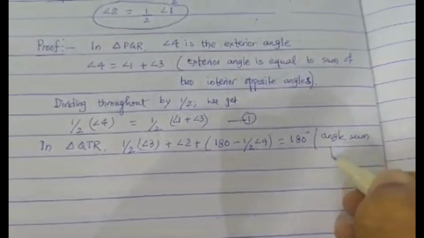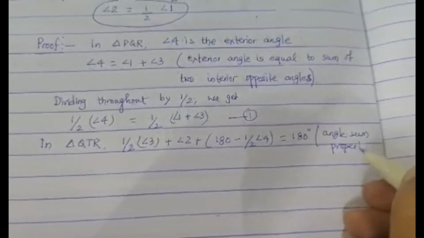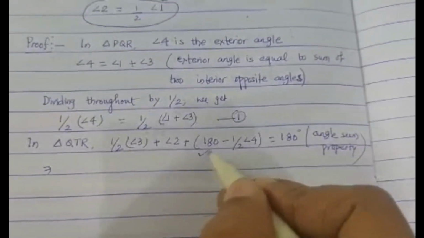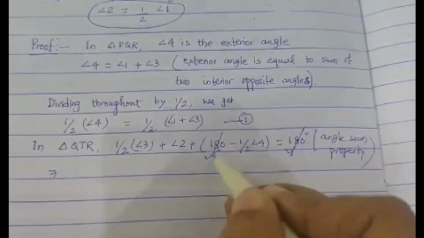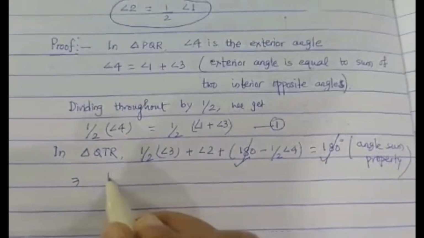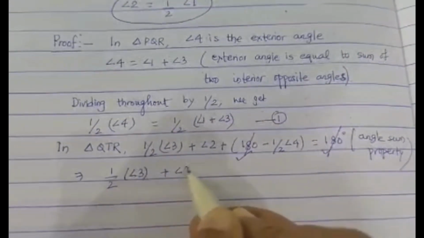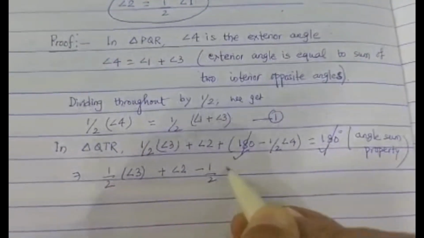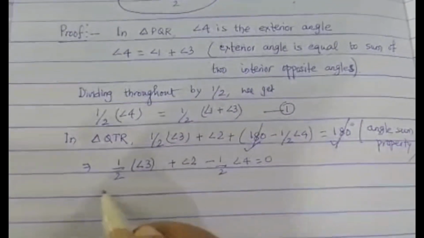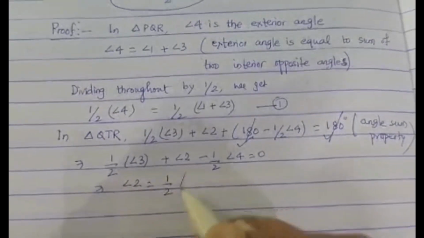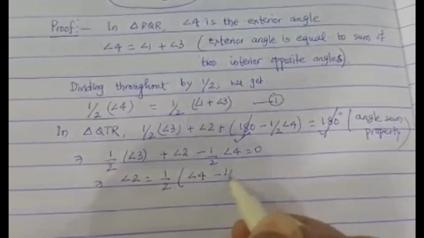So the 180 cancels out, and half of angle 3 plus angle 2 minus half of angle 4 is equal to 0, or you can write angle 2 equal to half of angle 4 minus half of angle 3.